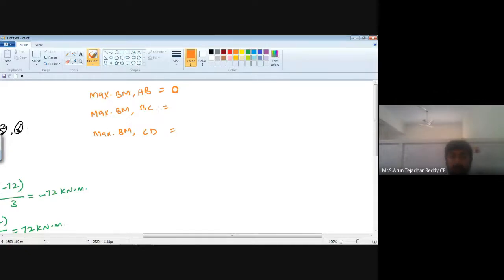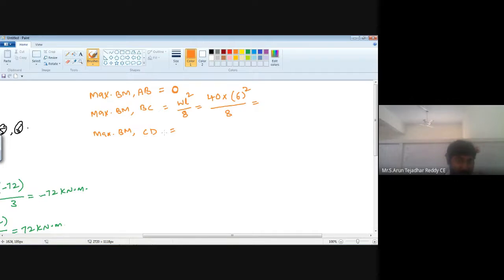What is the maximum bending moment formula for a uniformly distributed load? That is WL square by 8. Here W is 40 and span BC is 6 square by 8. What is the value? Tell me. Next, maximum bending moment CD.